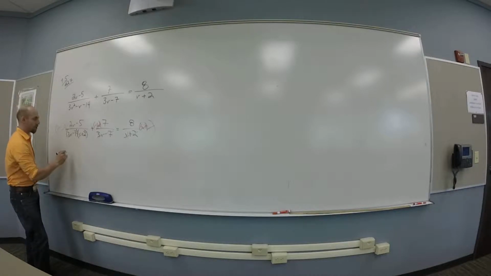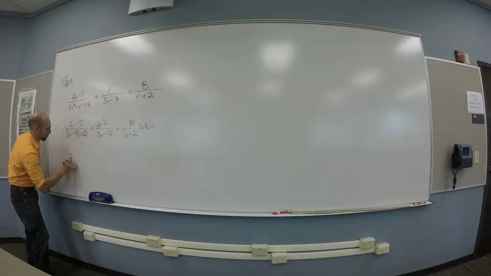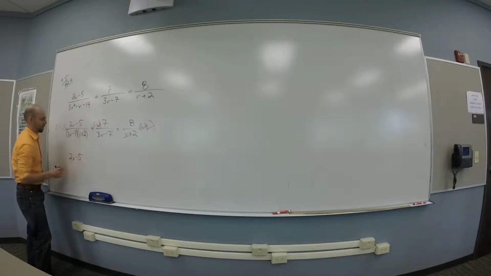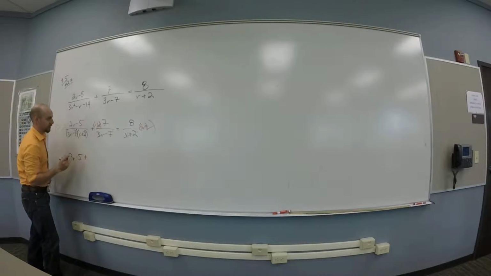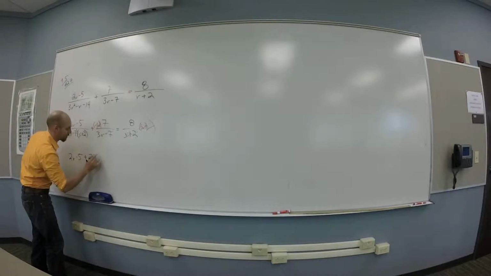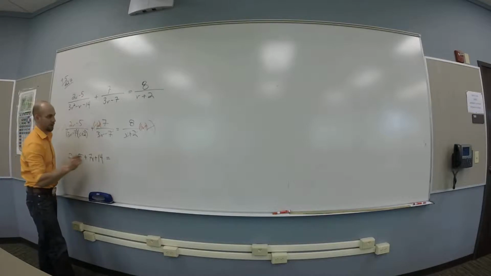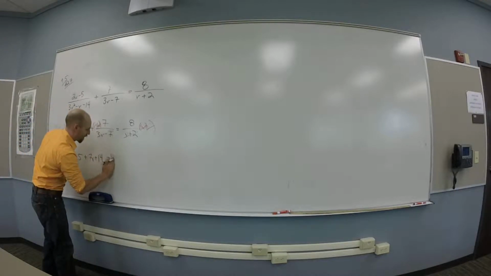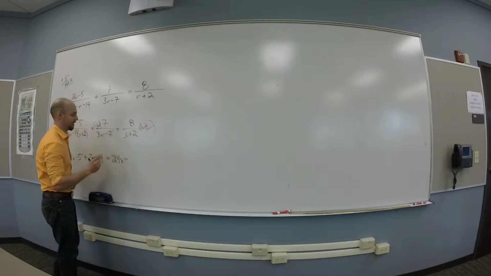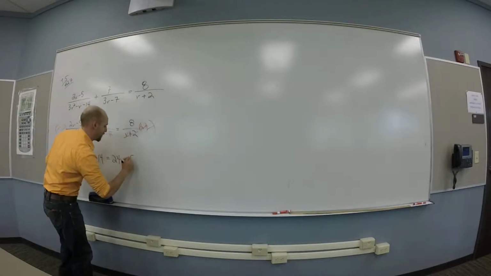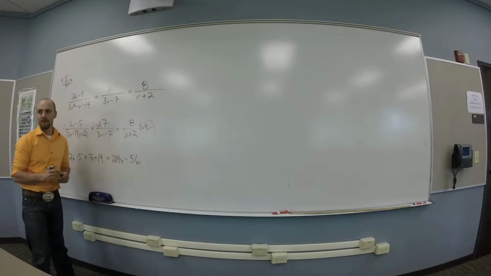So at my next stage, I've got 2v minus 5 plus 7v plus 14 equals 24v minus 56.